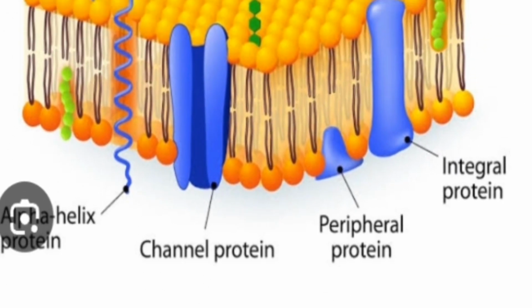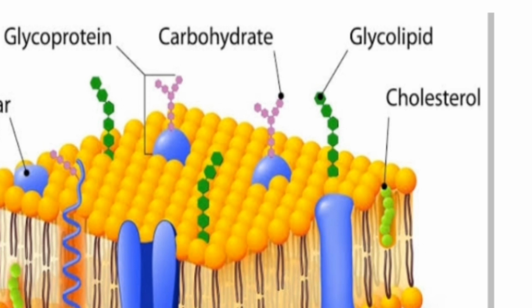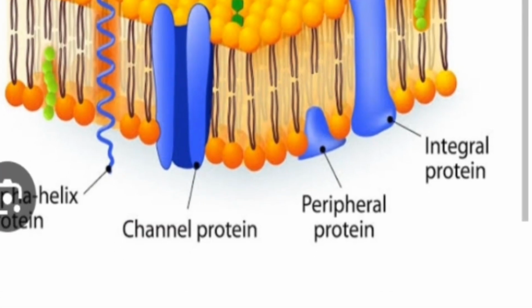Then there are carbohydrates on it. See all this one that looks like a horn, and then the green glycolipids. All these are usually receptors and sensitive structures for cell recognition and immunological function.